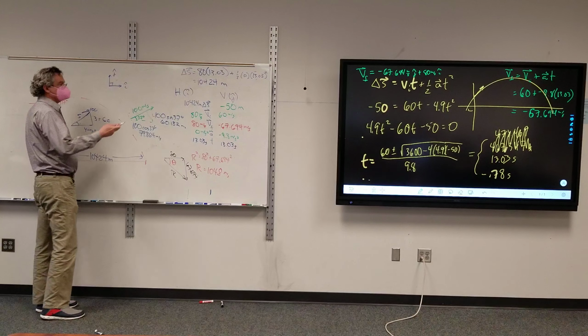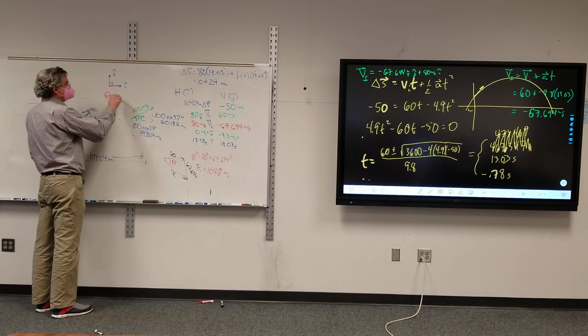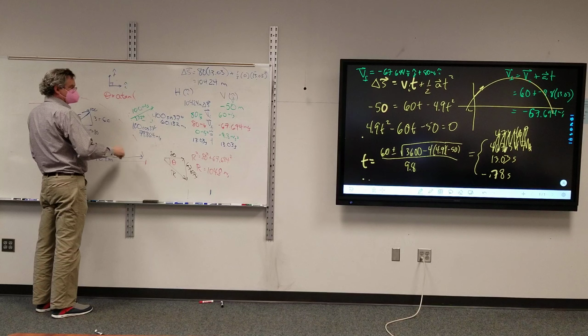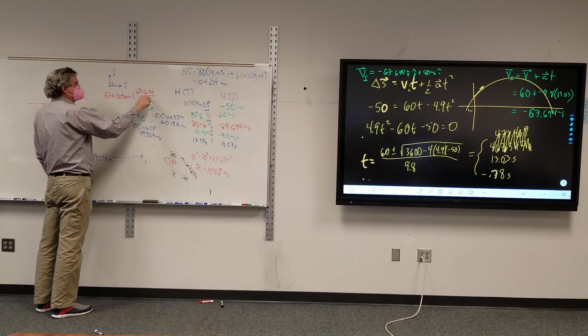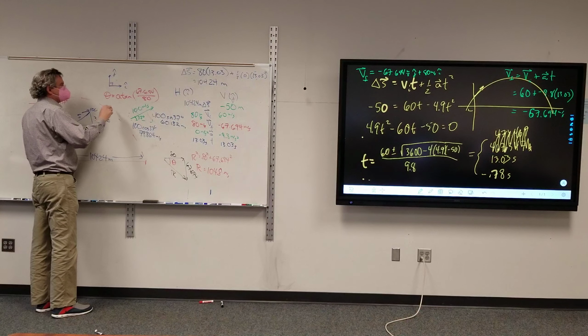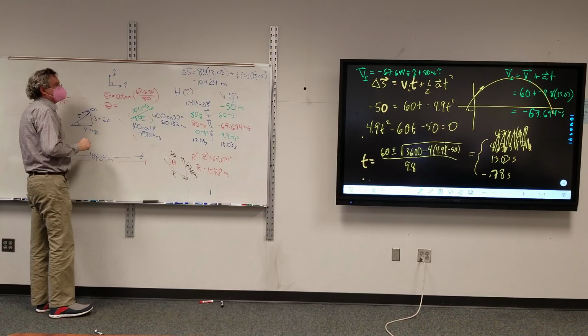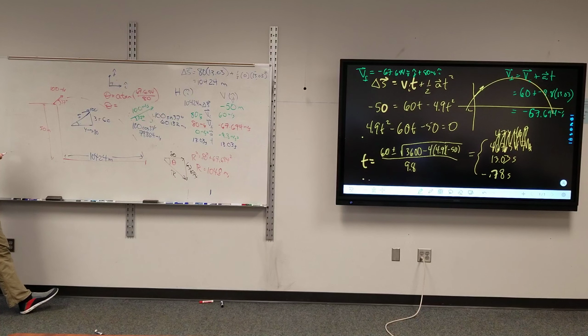So I know that theta is going to be the arctan of the opposite over the adjacent, so 67.694 over 80. Theta is going to be under 45 degrees, close to 37, somewhere around 40 degrees. What do we get? 39.64 degrees.